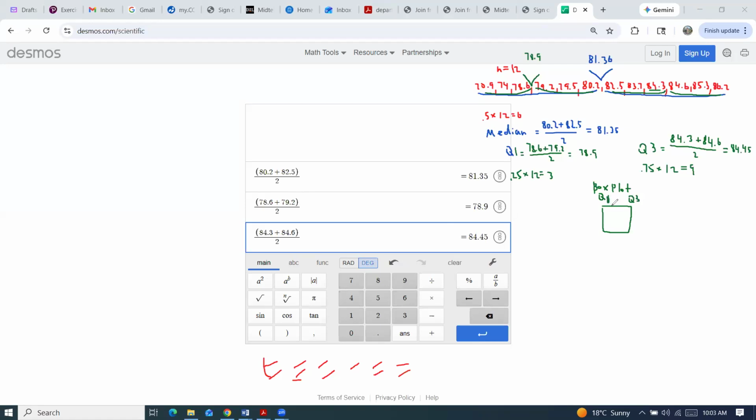So if it's a first quartile and a third quartile, then based on their size, I will be able to produce so-called fences, and everything that goes beyond those fences will be my outliers.